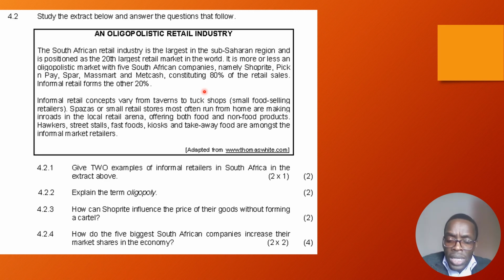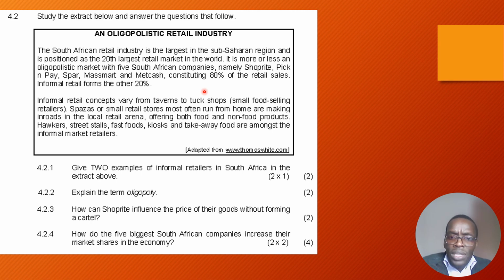What you need to understand about an oligopoly is that this is an industry where a small group of firms control the majority of the market share, or control the market. In this particular context, we have about 5 South African companies that are controlling close to 80% of the market share.